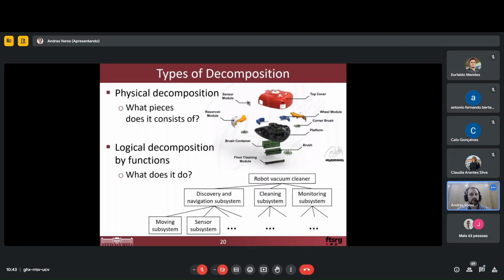So if I have a robot vacuum cleaner, then I can have the functionalities of discovery and navigation subsystem that consists of the moving subsystem, the sensor subsystem. It can have the cleaning subsystem, monitoring subsystem. All these are functionalities that you need to provide the high level functionality of providing the services as a robot vacuum cleaner.